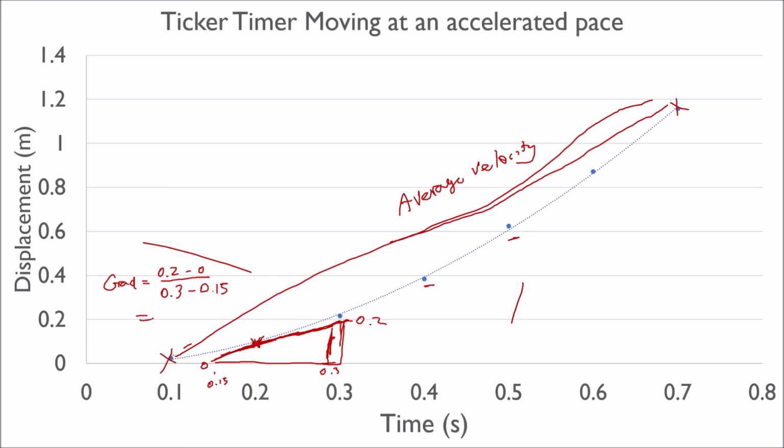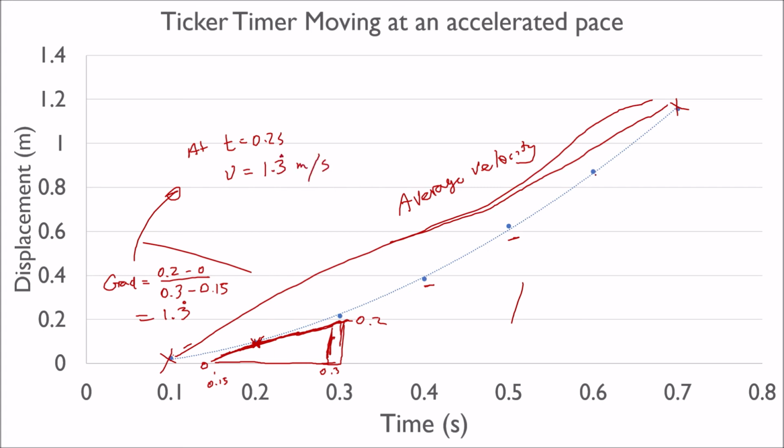So plug that into your calculator. And I get a value of 1.3 repeating. That means at t equals 0.2 seconds, velocity was 0.13 repeating meters per second.